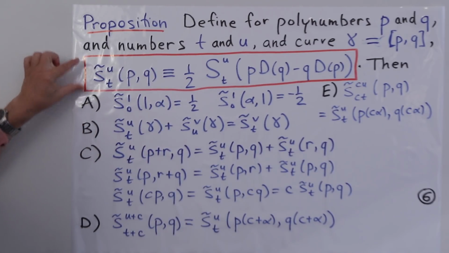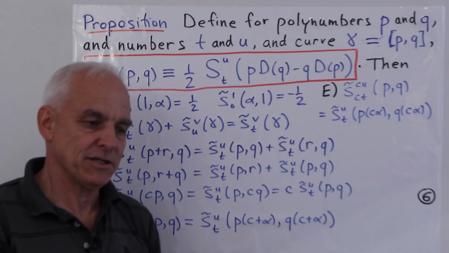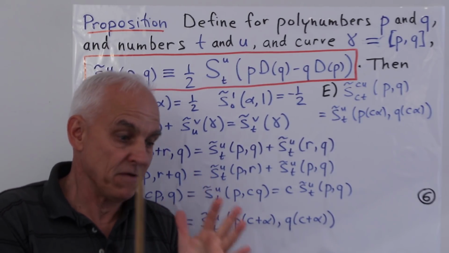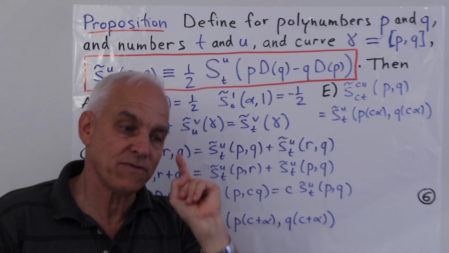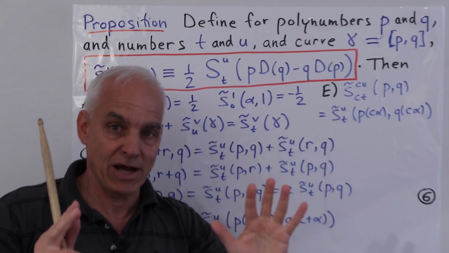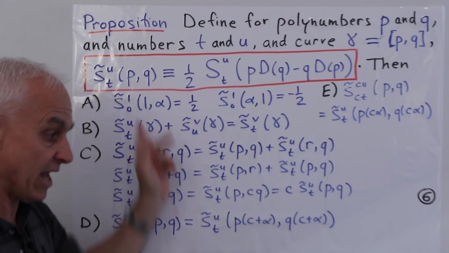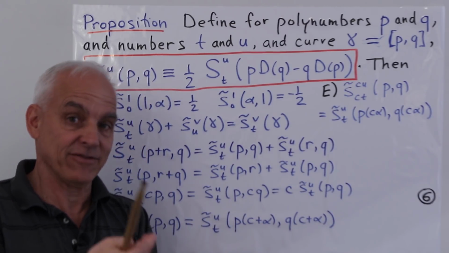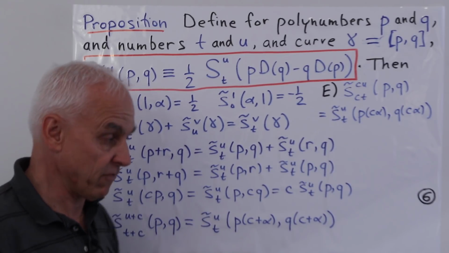Okay, what do we want to do? We want to show that this quantity here satisfies the 5 defining properties of the signed area, because we know that those 5 defining properties completely characterize the signed area. So if this quantity satisfies the 5 properties, then it has to be the signed area that's involved in the fundamental formula.